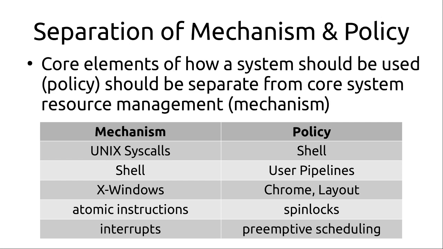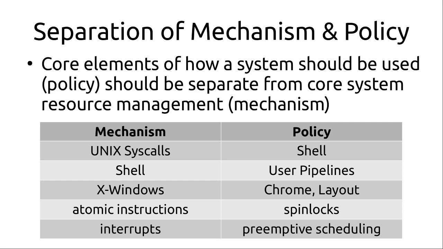So we might think of the Unix system calls as some mechanism that is used by the shell. So for instance, fork, dup, close, etc., pipe are all system calls that are used by the shell to implement some policy, which is being able to type at the shell, compose different programs into pipelines, etc., right? And then how those pipelines are used is usually defined by the user or by shell scripts.